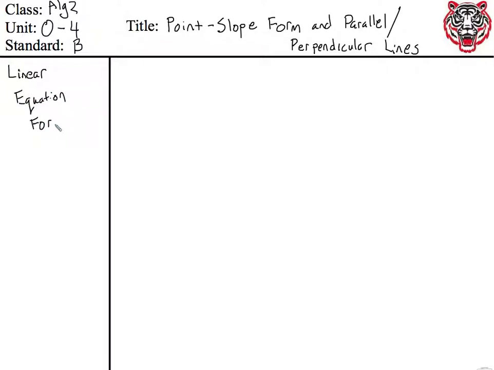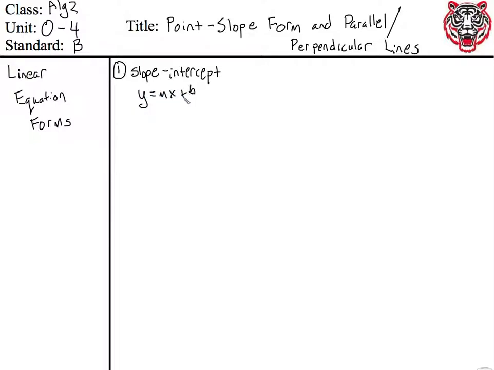We know two of them so far. Give me the first one that we learned. What was it called? The name. Slope intercept. Someone new, give me the equation of slope intercept. Y equals mx plus b.